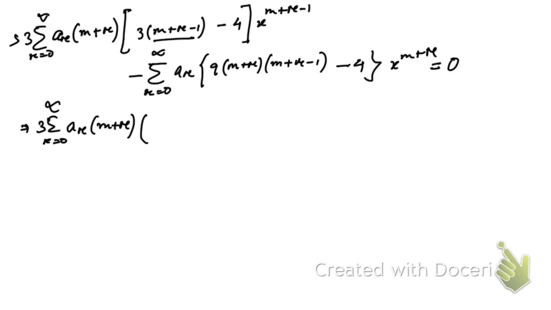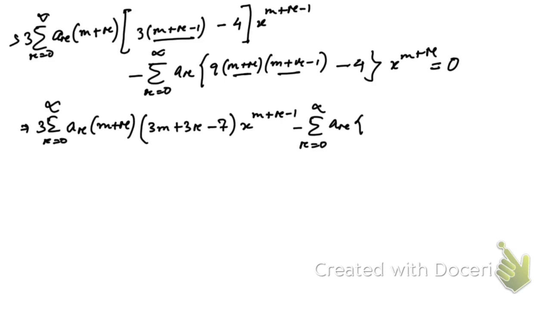If you simplify this, you're going to have thrice m plus thrice r, then minus 3 minus 4, that's going to be minus 7, right? x to the power m + r - 1, then minus summation r equals 0 to infinity a_r.